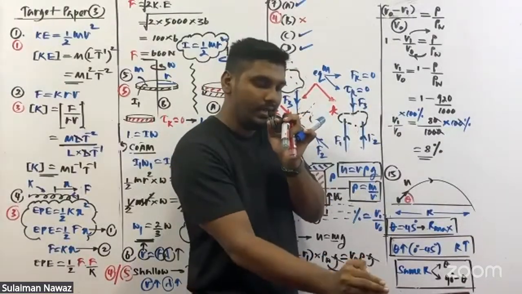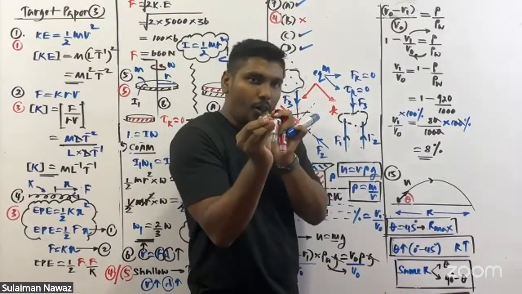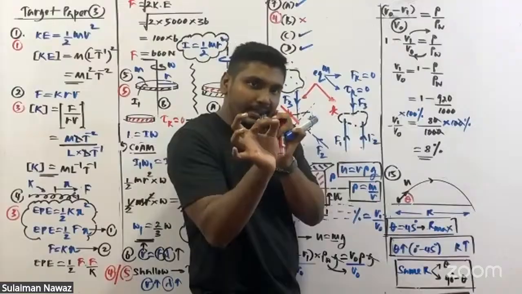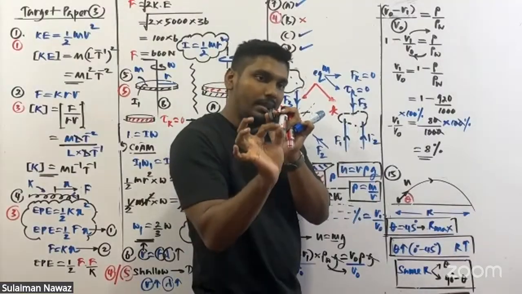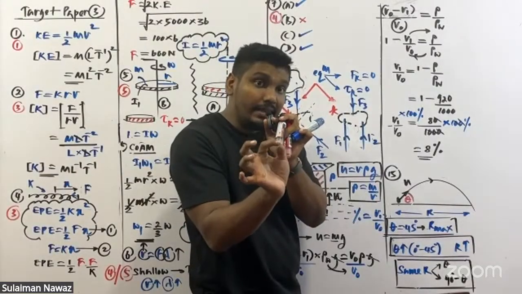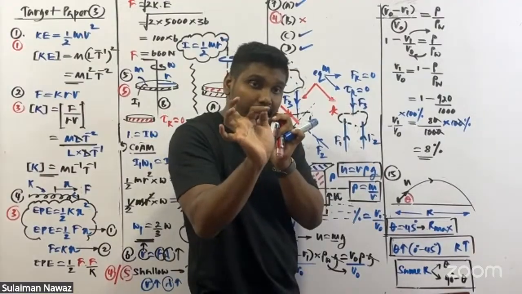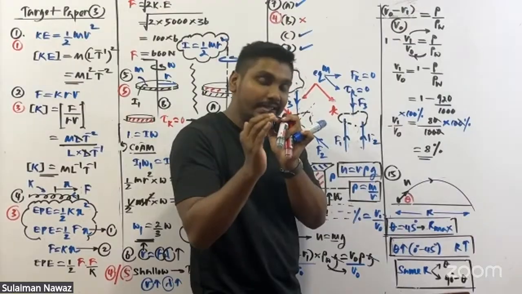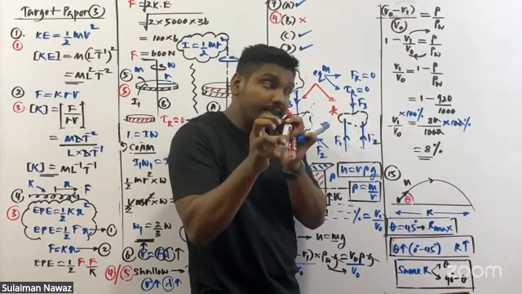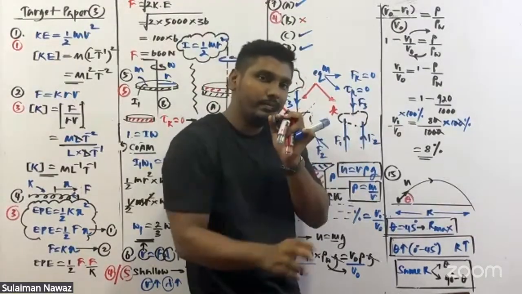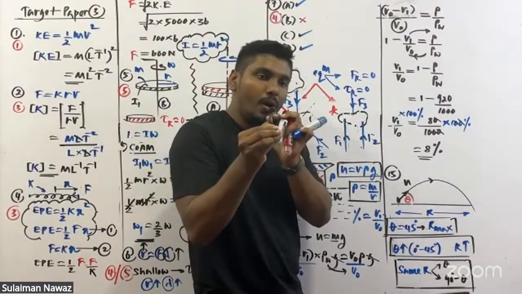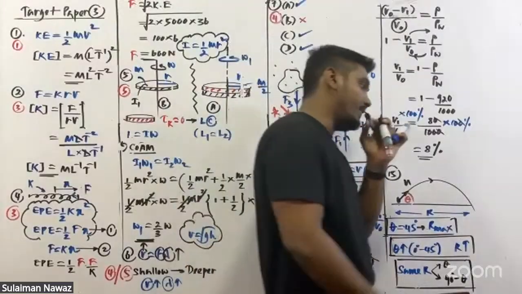Let's say horizontal range when the angle is 75 degrees is capital R. Same capital R will be given when the angle is 15 degree, 90 minus 75, 15 degree. 15 is an acute angle, less than 45 degree. 15 is the minimum angle in this scenario. When the angle is minimum, horizontal range is minimum. Answer is 5.